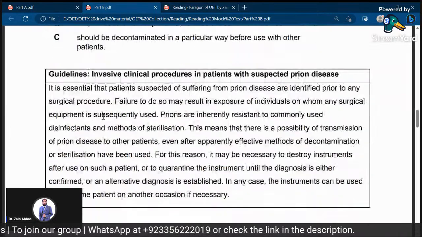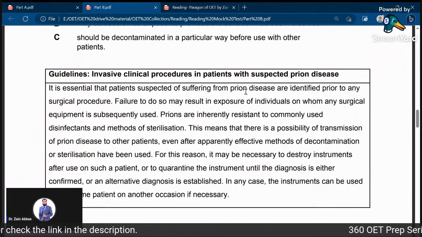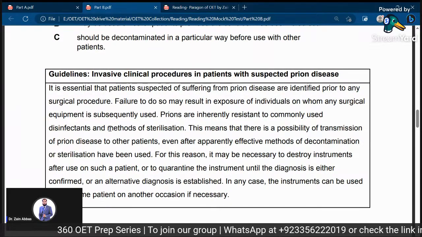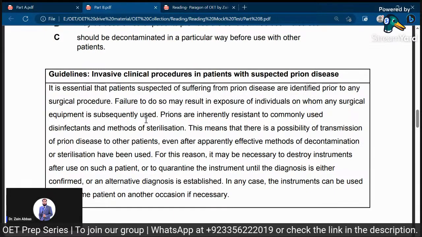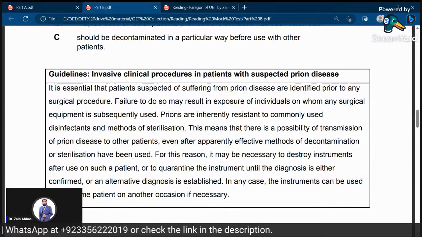So let us see the other techniques we can use here. Prions, if it is essential that patients suspected of suffering from prion disease are identified prior to any surgical procedure. Failure to do so may result in exposure of individuals on whom surgical instruments are subsequently used. Prions are inherently resistant to commonly used disinfectant methods.